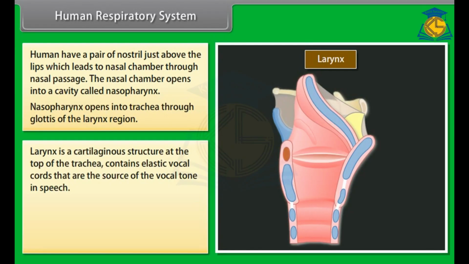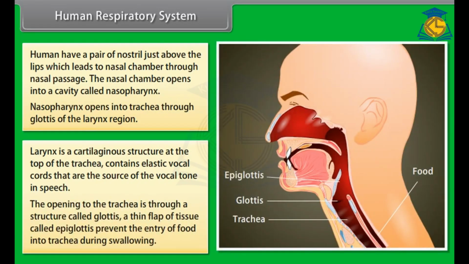Larynx is a cartilaginous structure. At the top of the trachea are elastic vocal cords that are the source of the vocal tone in speech. The opening to the trachea is through a structure called glottis. A thin flap of tissue called epiglottis prevents the entry of food into trachea during swallowing.